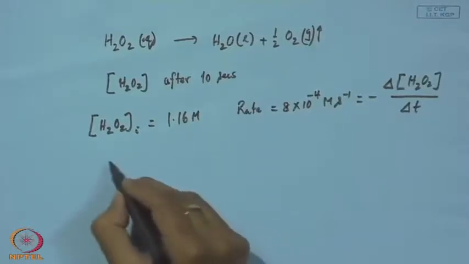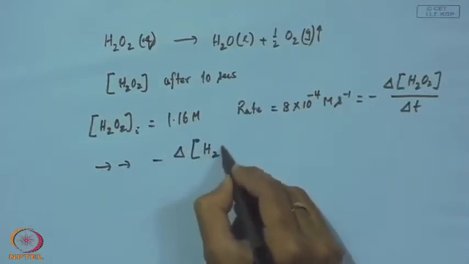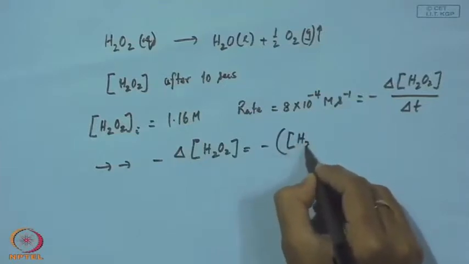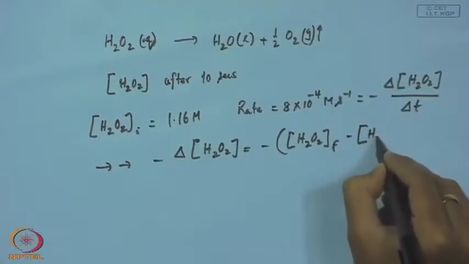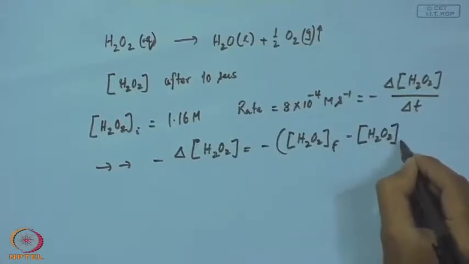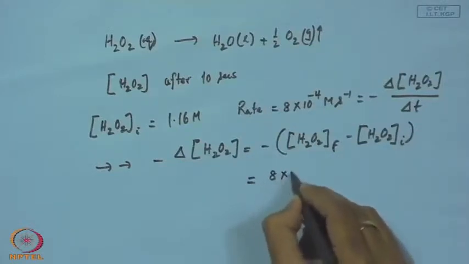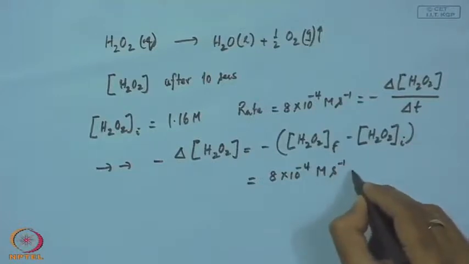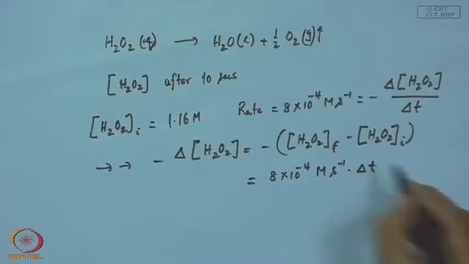So, we can write minus of delta H2O2 is equal to minus of H2O2 final minus H2O2 initial, which is equal to 8 × 10^-4 mole second inverse into delta t.